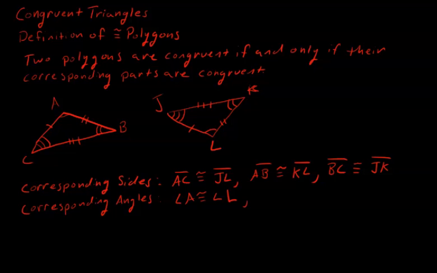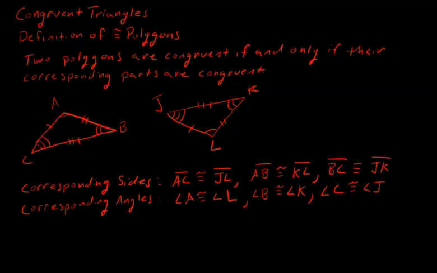They're the same. We have angle B, which must be congruent to angle K. And I'm missing angle C. Angle C must be congruent to angle J.